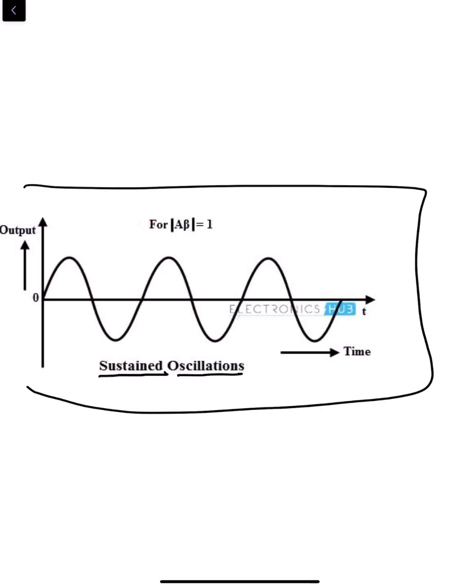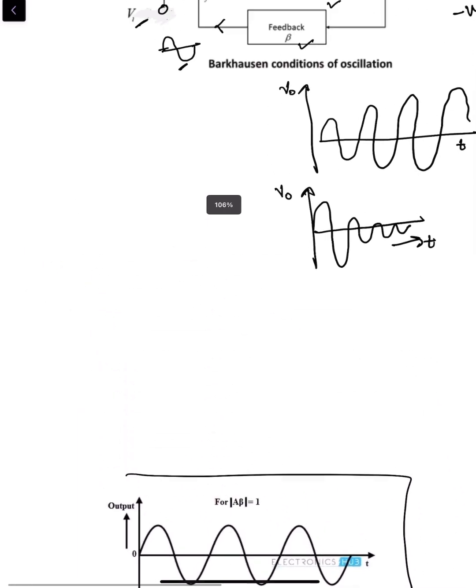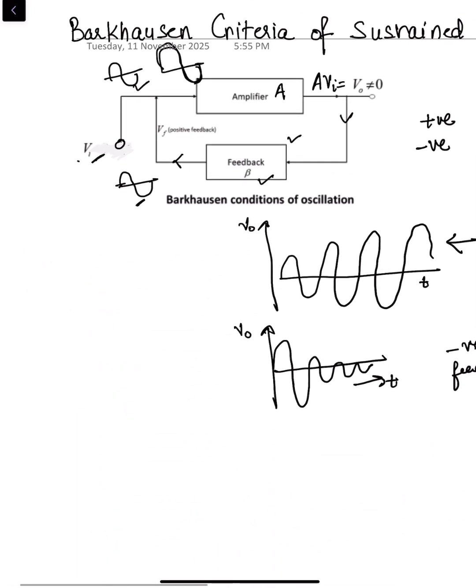That even if there is no input, we are getting output. That means we will have to apply input only at the starting, and after that, even if we make the input Vi equal to 0, we will get some output, and that will not be equal to 0.